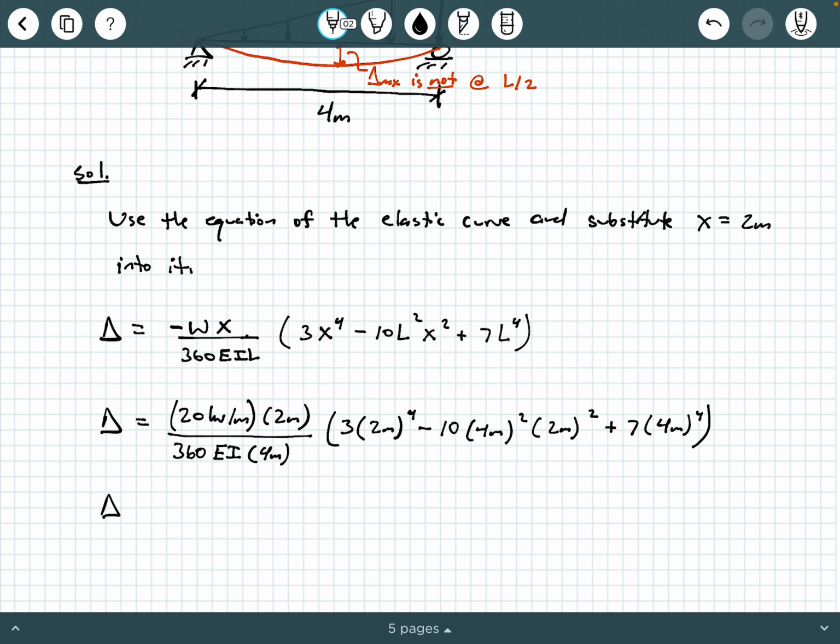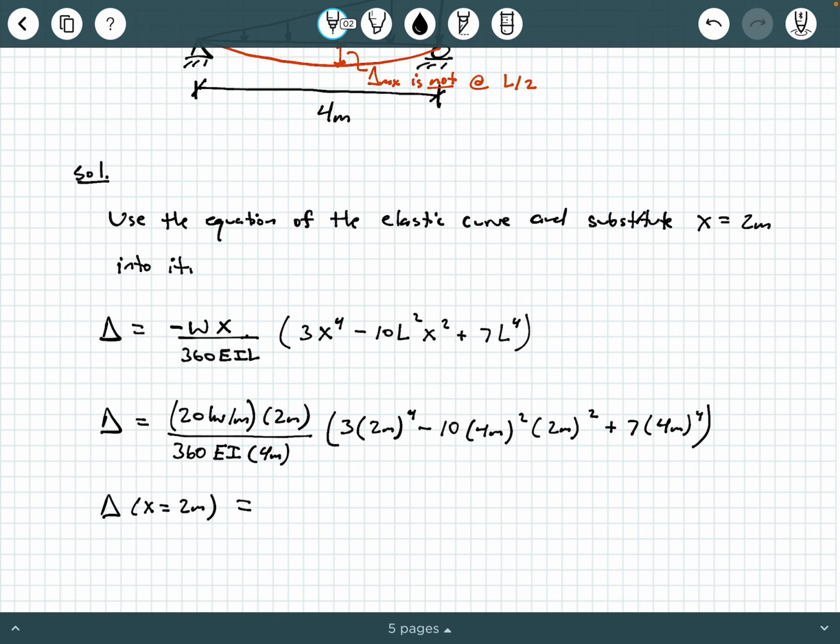And so I'm going to be able to say delta when x equals 2 meters, again, that's function notation, is the following. I'm punching this in my calculator right now, so maybe you punch along with me and do it carefully because this is really easy to make a computation mistake. Plus 7 times 4 to the fourth power.